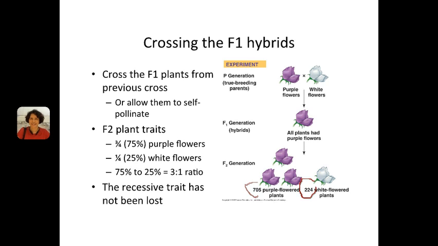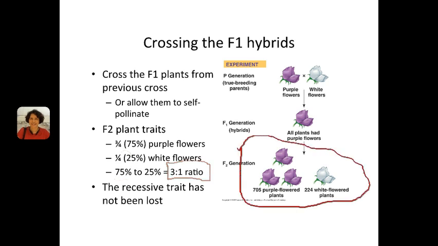He distilled this to a ratio of 75% to 25%. In other words, 3/4 is 75%, 1/4 is 25%, 75% to 25% is a 3-to-1 ratio. So the ratio of the F2 generation for this type of cross is going to be 3-to-1.